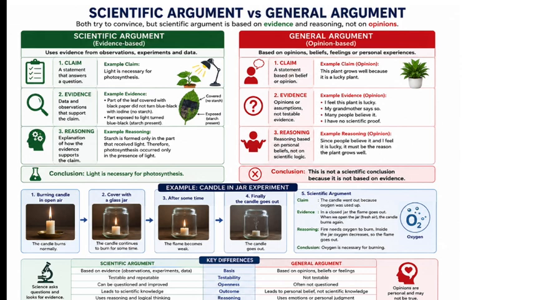Let's take the other one, the general argument, where we also try to convince other people about something, but we don't provide any evidence or proof, and still we try to convince others. Let's see what the claim looks like in a general argument.